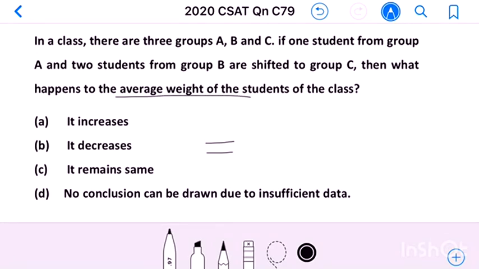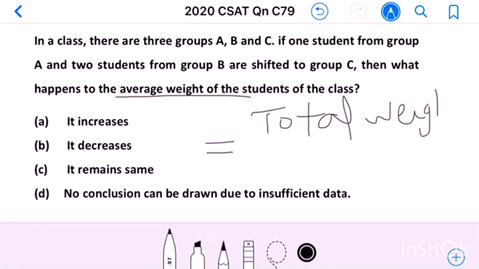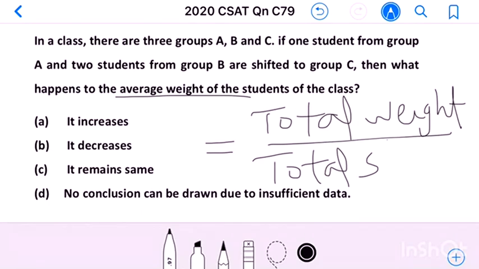What is the average weight? Average weight is the total weight of the students in the class divided by the total number of students.